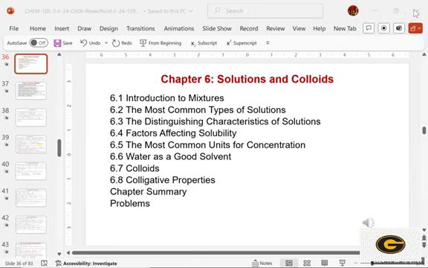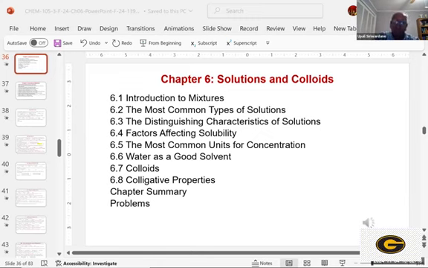Yes. All right. We go on over factors affecting solubility, and we talked about concentration units. I'm going to go directly to ppm and ppb concentration units and do a few calculations.